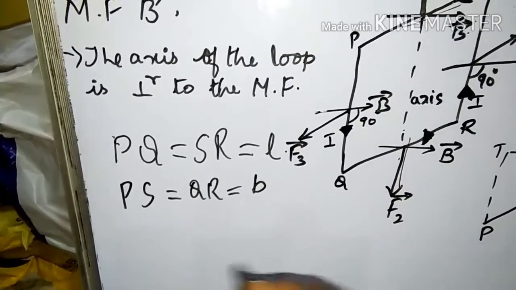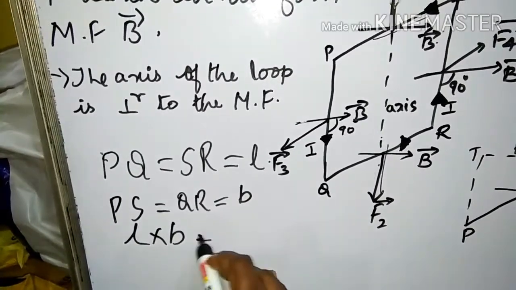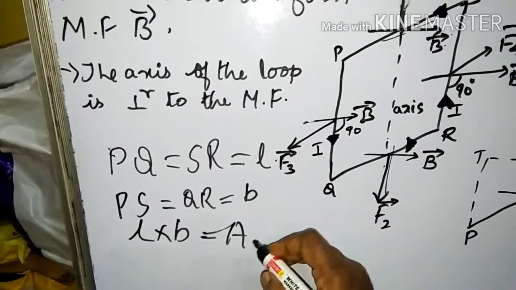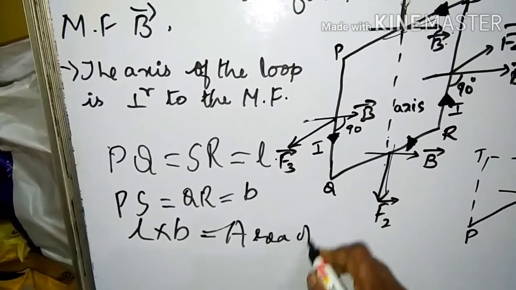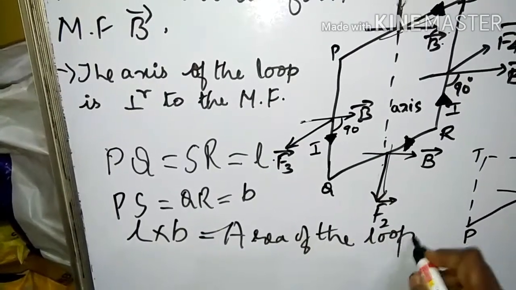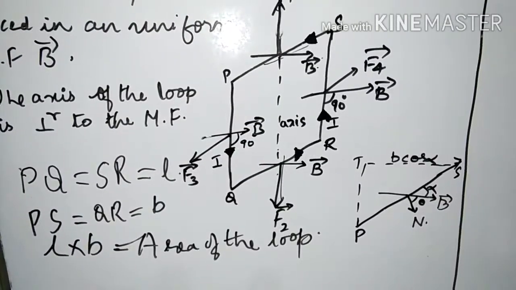If we multiply L into b, we get the area of the loop. So this much is the description of the diagram, right?